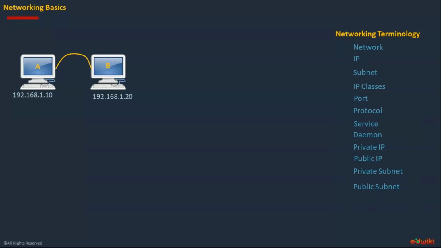How that identification works behind the screen, we are not worrying about at this time. The way your mobiles are identified using the mobile number in the network, the same way the servers are identified using the number called an IP address.